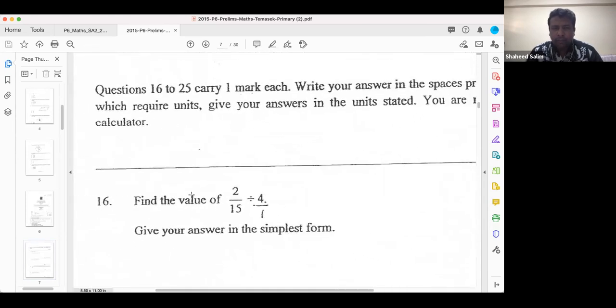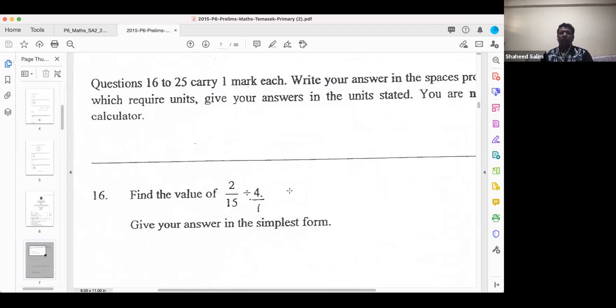Divide by 4 over 1. 2 over 15 divided by 4. Okay, that is the question.